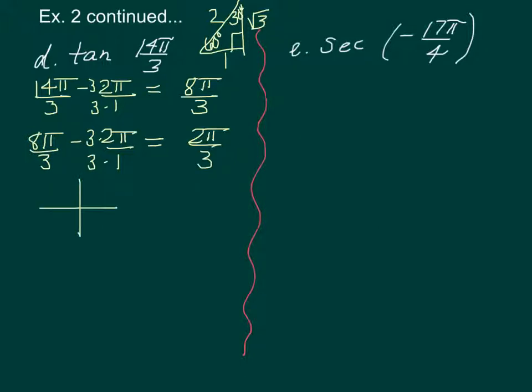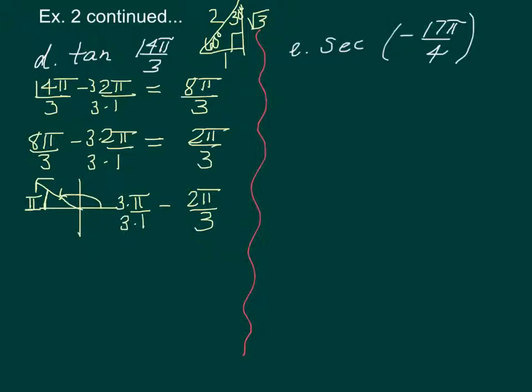Okay, so 2 pi over 3 lies in quadrant 2, where tangent is negative. And to find the reference angle in this quadrant, remember you do pi minus your angle.